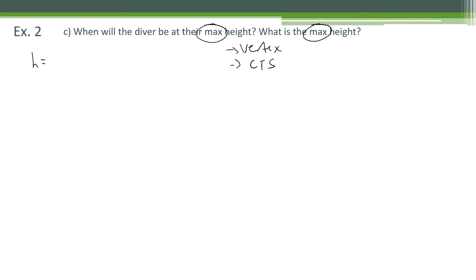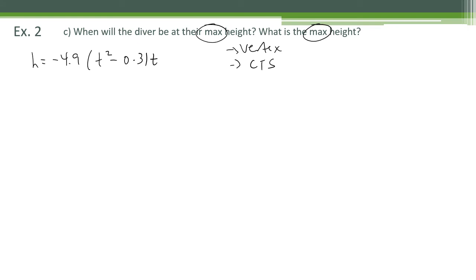So h equals, and you're going to have decimals here, which is okay. You're going to have to do some calculator work. Factor out the negative 4.9 from the first two: t squared minus 0.31t. Half it and square it.